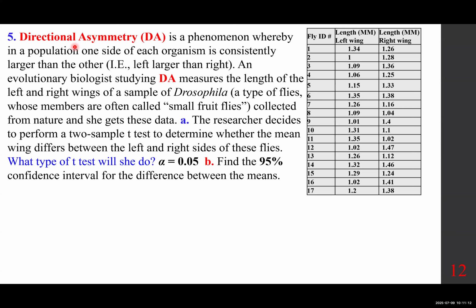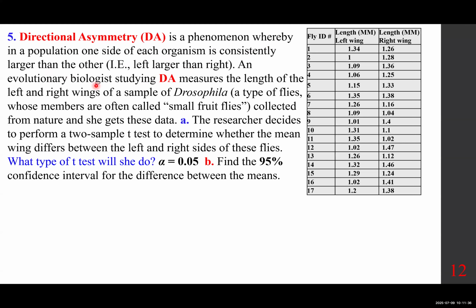Question number 5. Directional asymmetry, or DA for short, is a phenomenon whereby in a population, one side of each organism is consistently larger than the other, i.e. left larger than right.